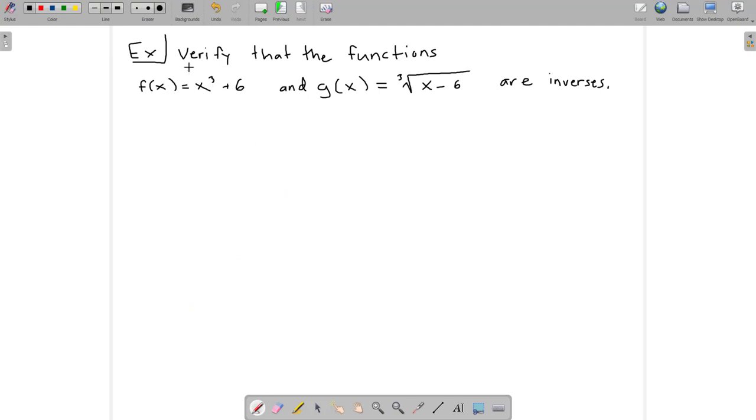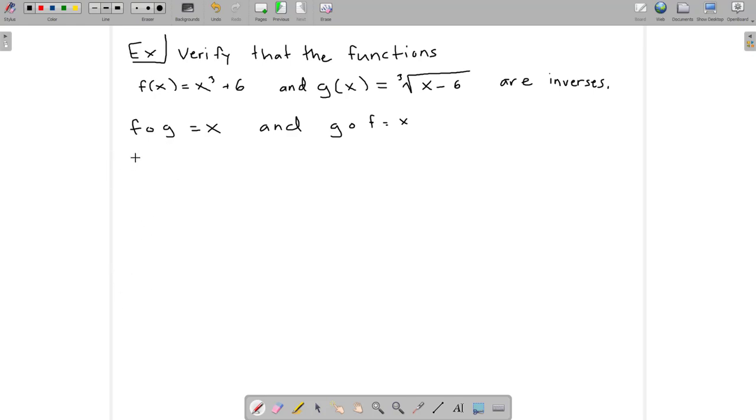Okay, now some of the examples in your book might ask you to verify that the functions given, f of x equals x cubed plus 6 and g of x equals cube root of x minus 6, are inverses. So if they're asking you to verify that two functions are inverses, all you have to do is check that f of g equals x and g of f equals x, just like we did in the other examples to check our work.